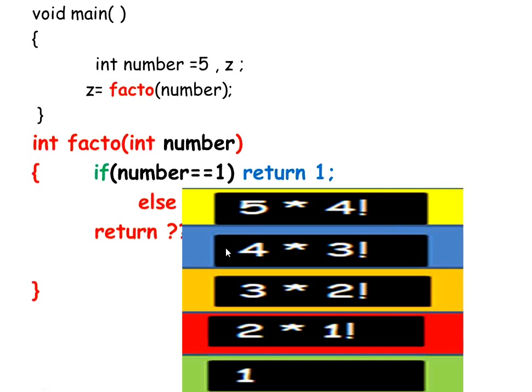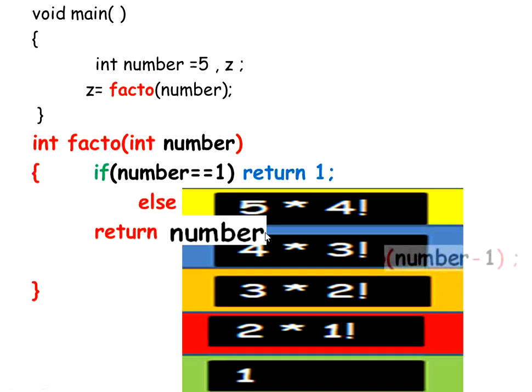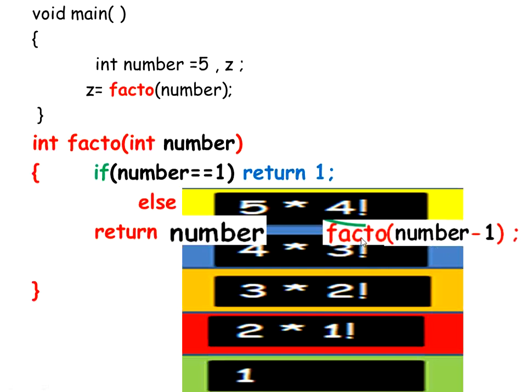So if you come to a general deduction from this, I think you will figure out that this is the number on which you are operating at that point of time, and this is number minus 1. What are you doing of number minus 1? You are computing facto. So if you notice here, I have facto, here also I have facto. Facto is calling itself again and again.